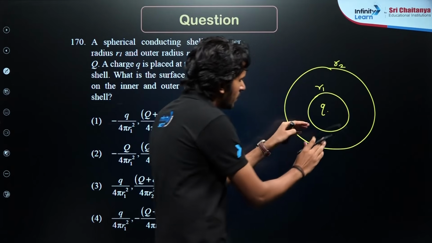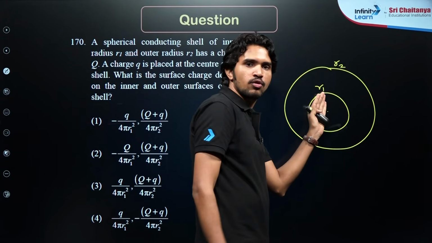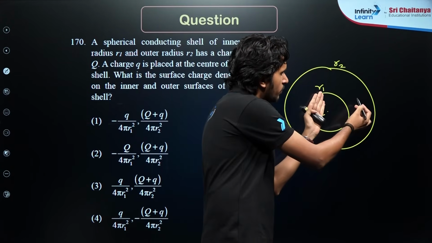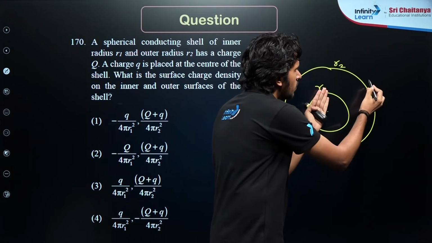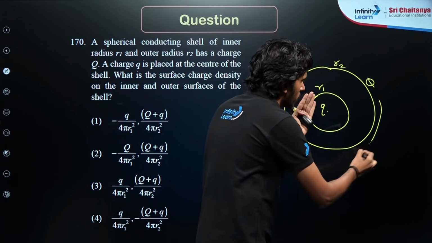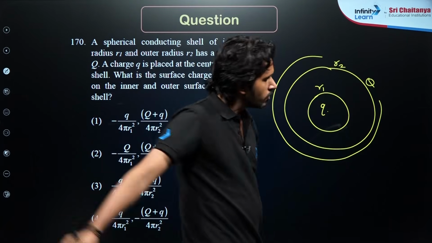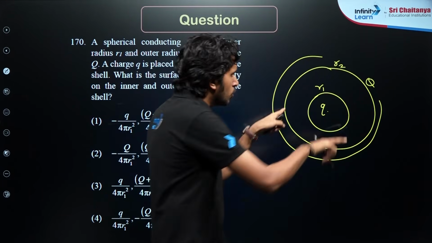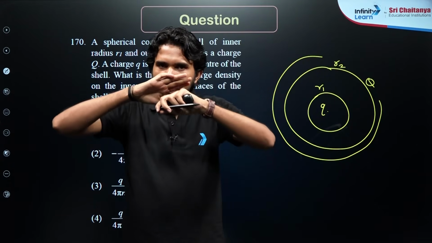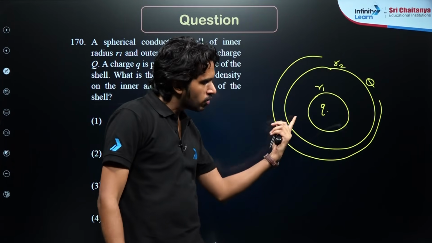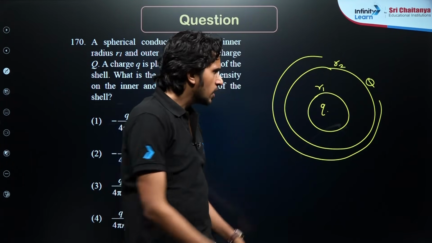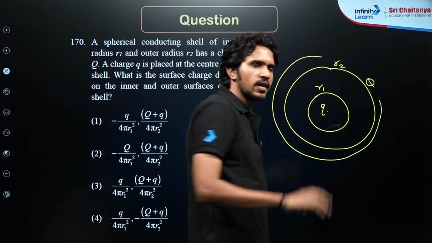If initially this small q charge is not there, and we had the big Q charge, either positive or negative, then it will be distributed over the surface. Why? Due to repulsion. For a conductor, charge will be distributed on the surface, and if that is not a conductor, then it will be distributed inside as well.